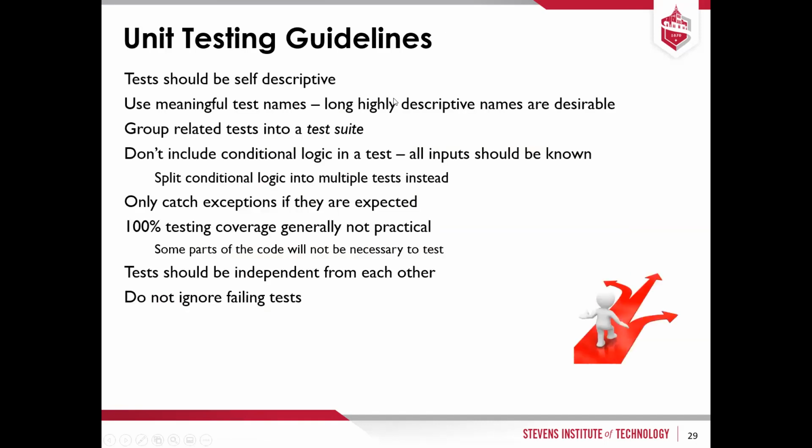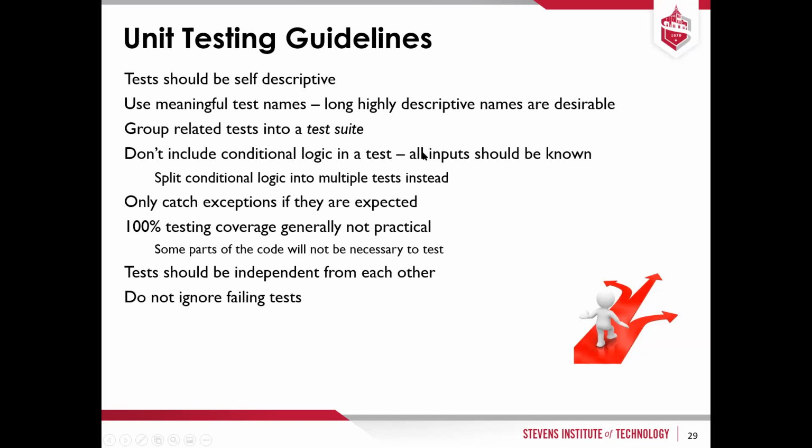So for the guideline, the test should be self-descriptive, like any other coding that we have. From the variable names, we can guess, we need to have the comments. We need to follow all different coding standards. We need to use meaningful names. We group related tests into a test suite.